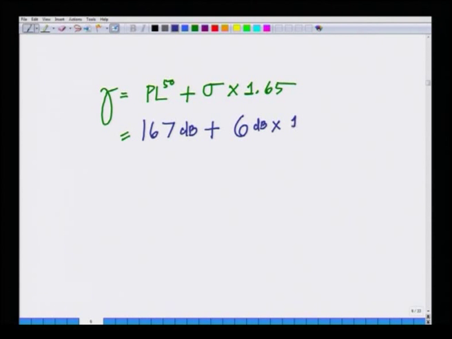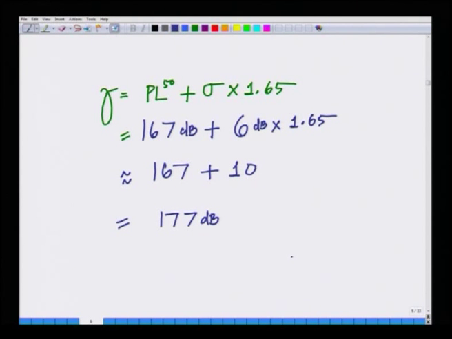So, this is 6 dB times 1.65, which is approximately 167 plus 10, which is equal to 177 dB.